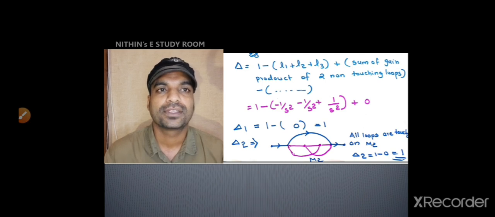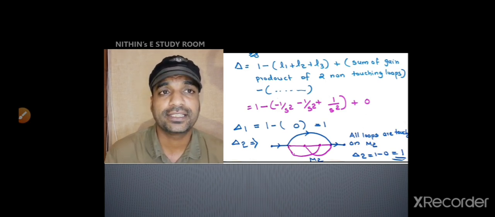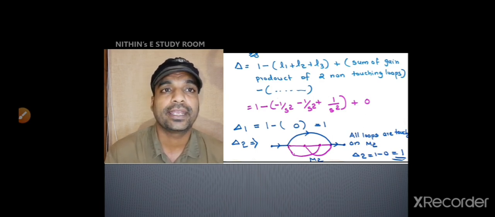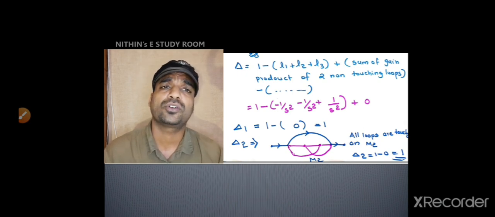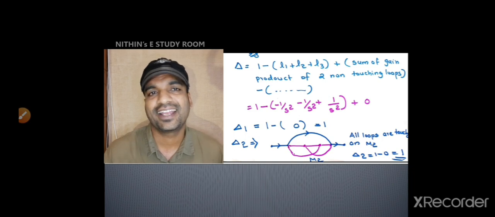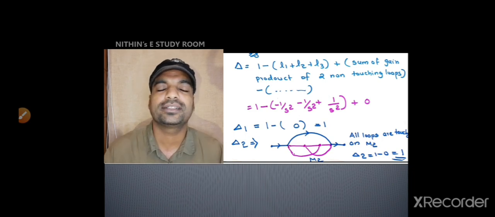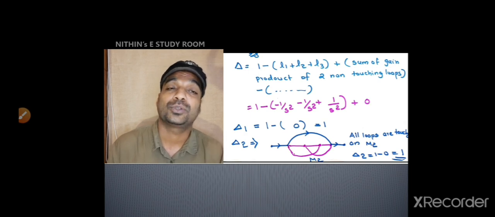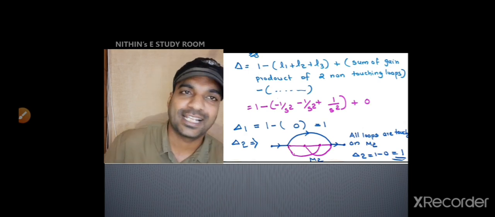Okay. Now it is delta. Delta is equal to 1 minus sum of individual loop gains L1, L2, L3, plus sum of gain products of two non-touching loops, minus sum of gain products of three non-touching loops and so on. But here L1, L2, L3, all these three loops are touching in all cases. L1 is touching L2, L2 is touching L3, L3 is touching L1.